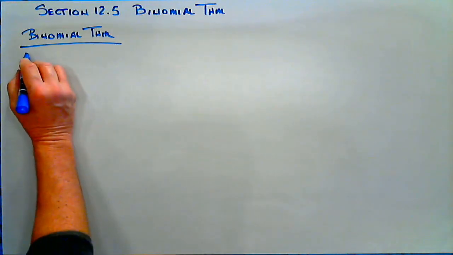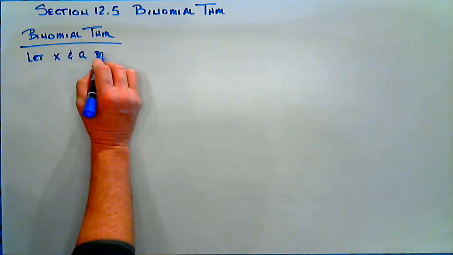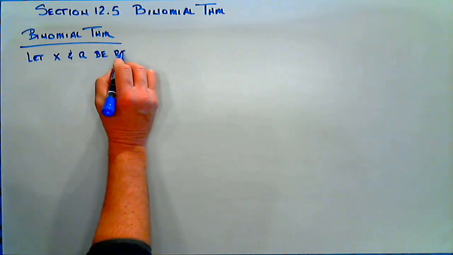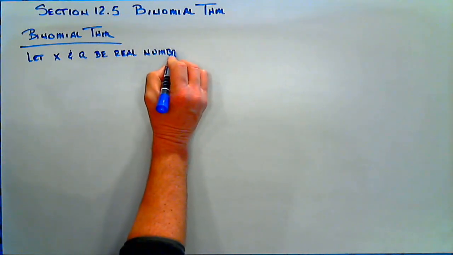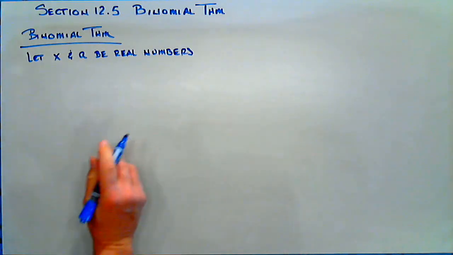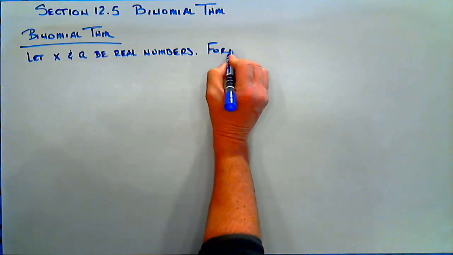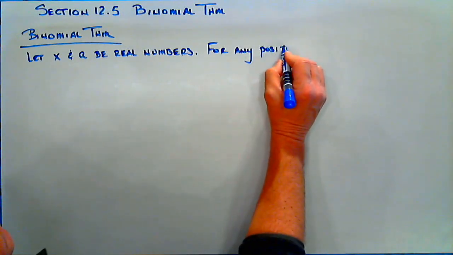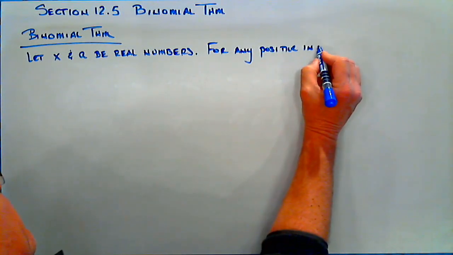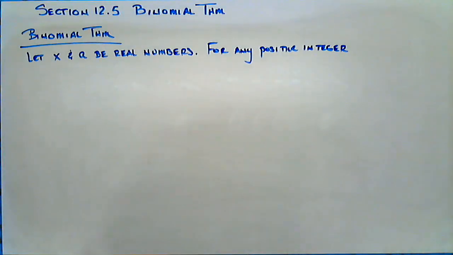It says, let x and a be real numbers, for any positive integer n.